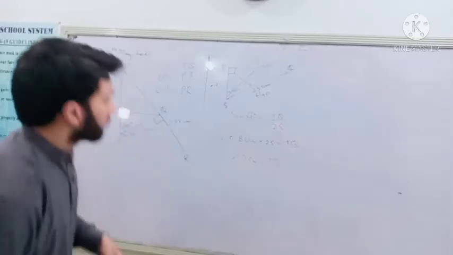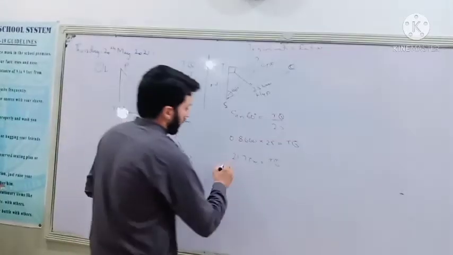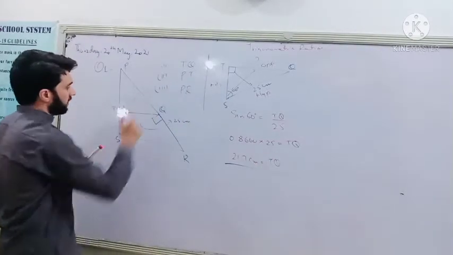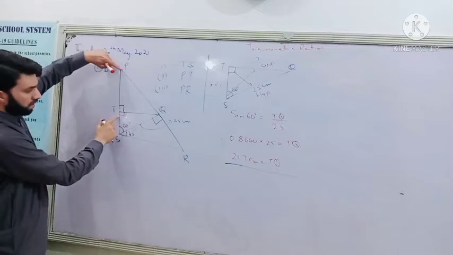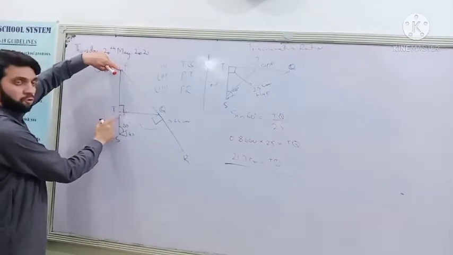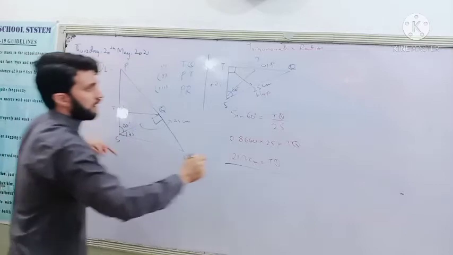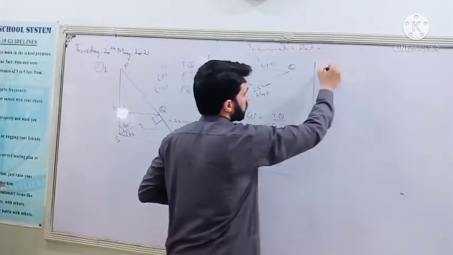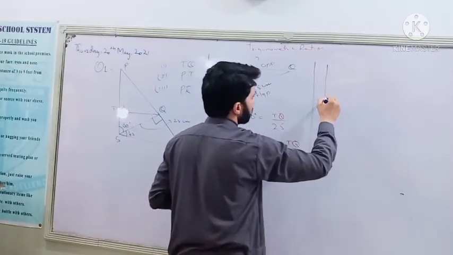Okay, now the other thing is we have to find PT, and this thing is very important. For PT, let's take a triangle out from the main triangle.